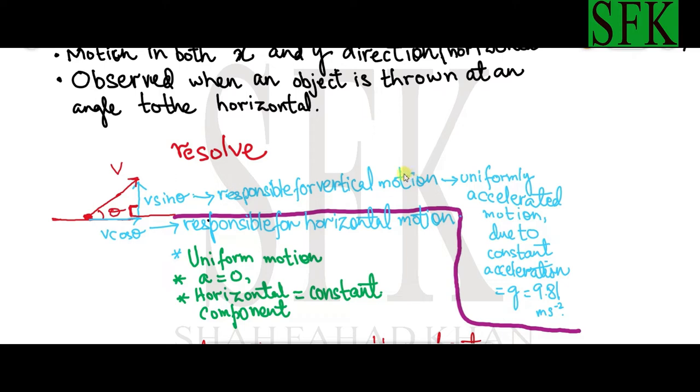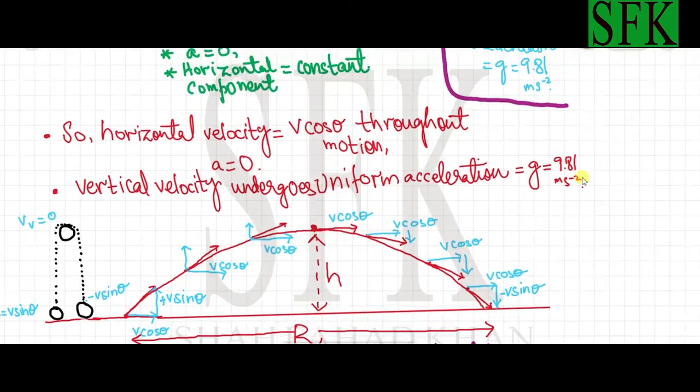This is responsible for the vertical motion throughout the projectile, and it undergoes a uniformly accelerated motion because the acceleration in the vertical direction is constant and is equal to the acceleration of free fall, which is 9.81 meters per second squared for Earth. These are very important points to remember because these are the basics of projectile motion. If you understand these well, then projectile motion will become quite easy to understand.